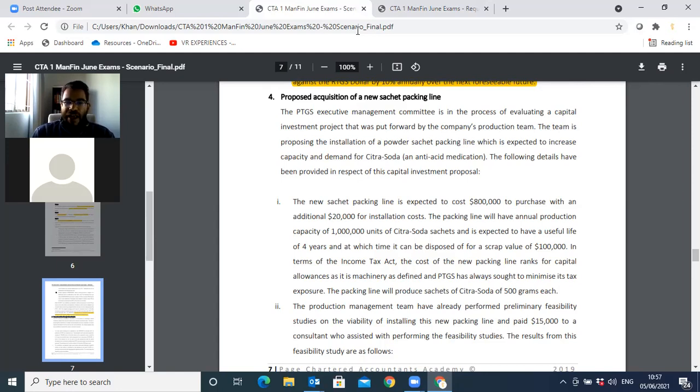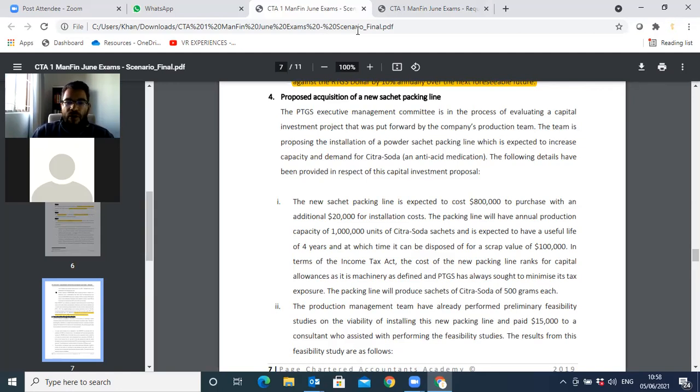The packing line will have an annual production capacity of 1 million units of citrus soda sachets and is expected to have a useful life of 4 years, at which it can be disposed of for a scrap value of $100,000. In terms of the Income Tax Act, the cost of the new packing line ranks for capital allowances as it is machinery defined, and PTGS will always seek to minimize its tax exposure.